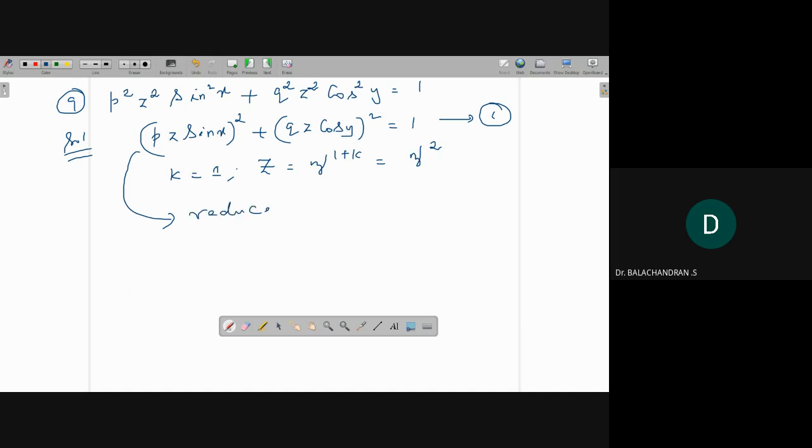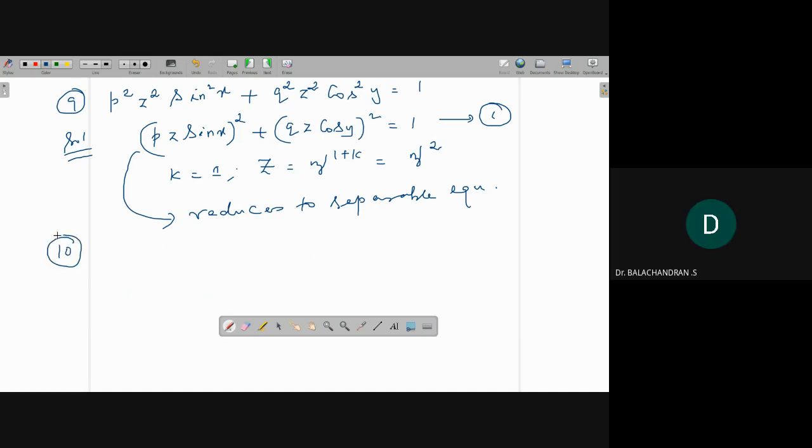Can anyone predict? Type 4, very good. Type 4, separable equation, because already you have x and y. Here you get capital P for pz and capital Q for qz. So p q x y, separable equations.